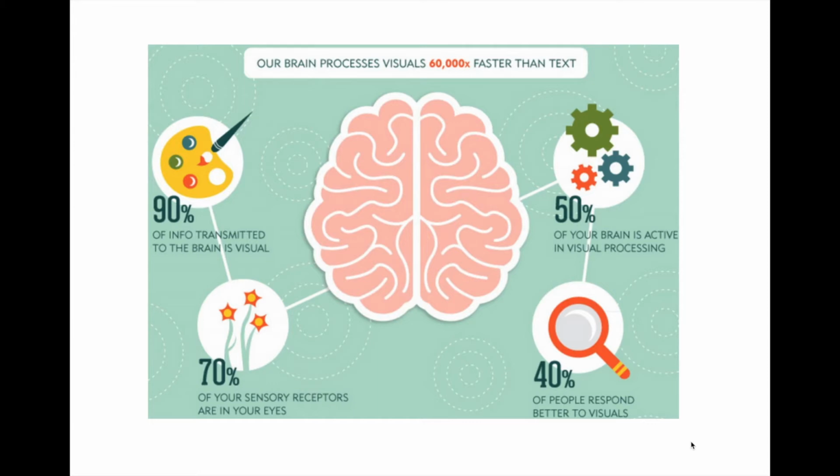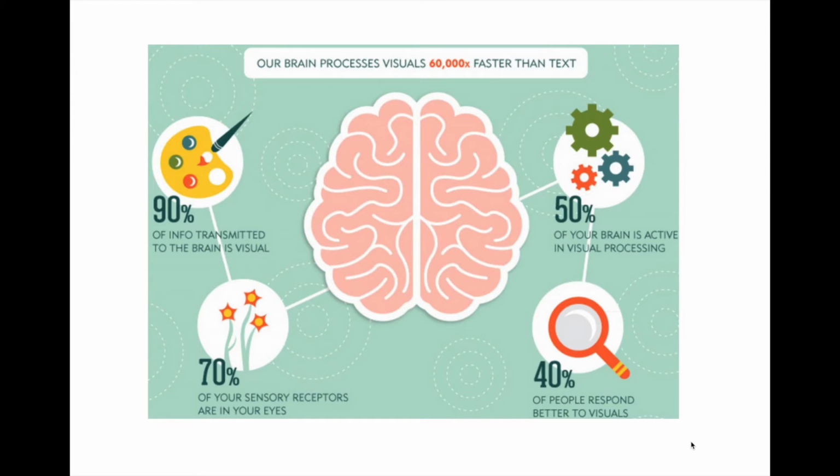And if you take accounting of all of the sensory receptors that a healthy human adult has, about 70% of the sensory receptors on your body are in your eyes, right? So of all the five senses, 70% of the actual units of sensation, the receptors, are in your eyes.